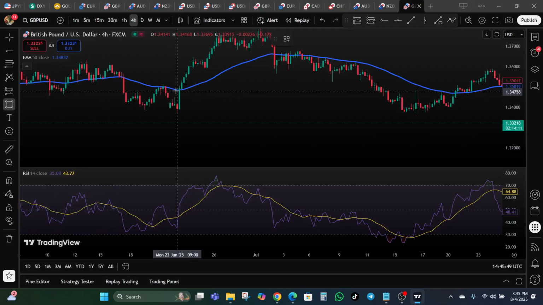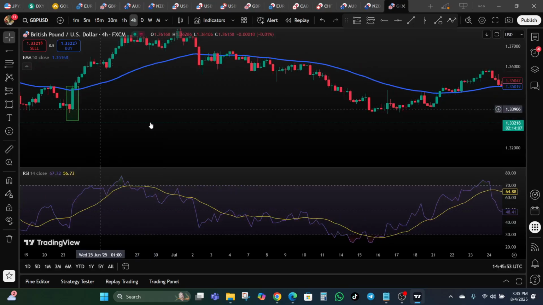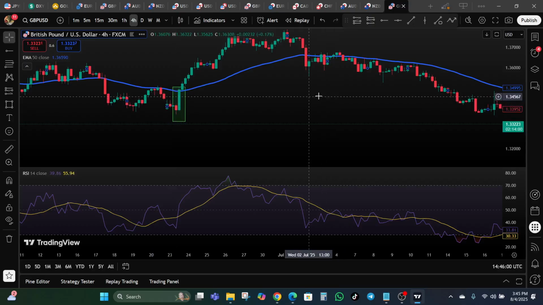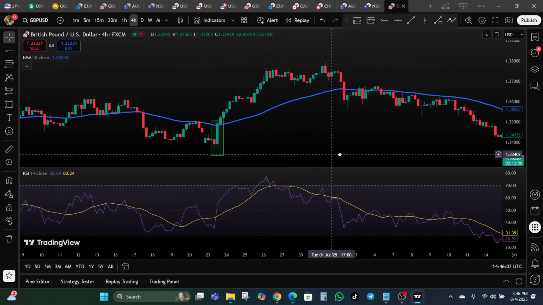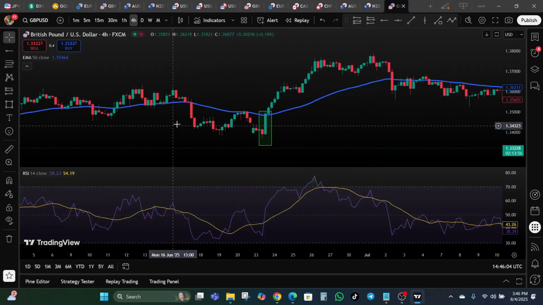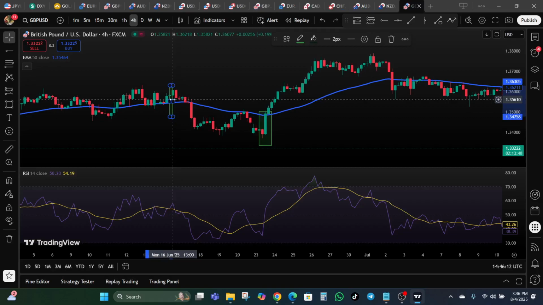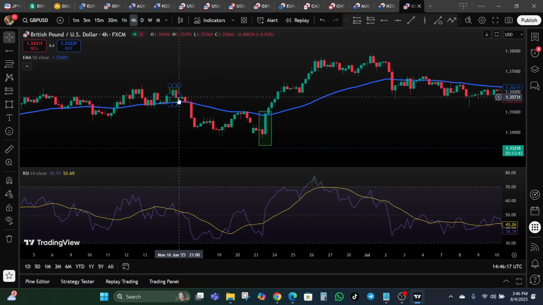We had a bullish engulfing around here, with this green candle completely covering the body of the red candle. Now for a bearish engulfing, it's just the other way around. You need the red candle to cover the body of the previous green candle, and you can see that is exactly what happened here.